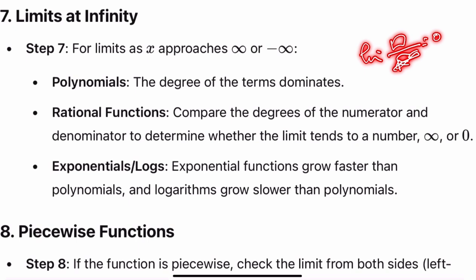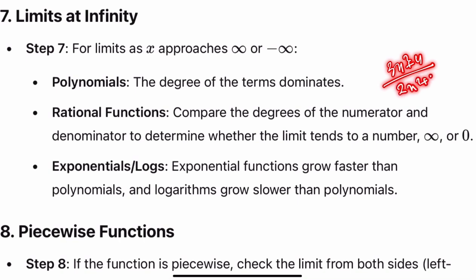The second case is when the degree of the numerator is equal to the degree of the denominator. For example, 3x squared plus 4 divided by 2x squared plus 5. Here both the numerator and the denominator have the same degree.